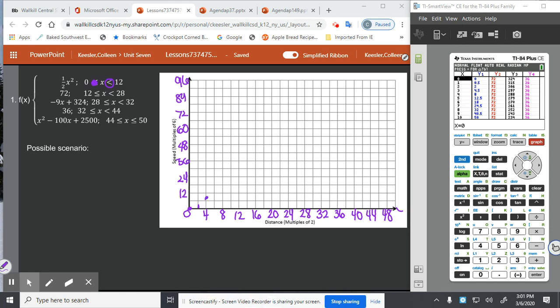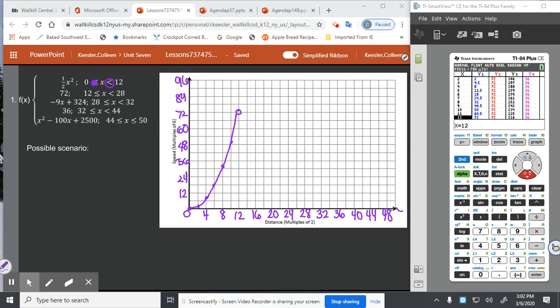Then we have 6 at 18. Then we have 8 at 32. 10 at 50. And 12 at 72. And that's where we put our open circle, since in this case, we are not including that point in this equation. Then we draw our partial quadratic curve.